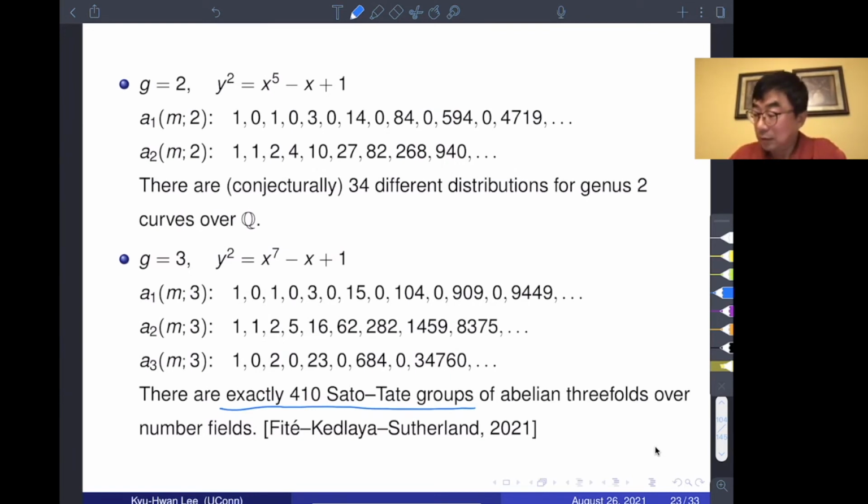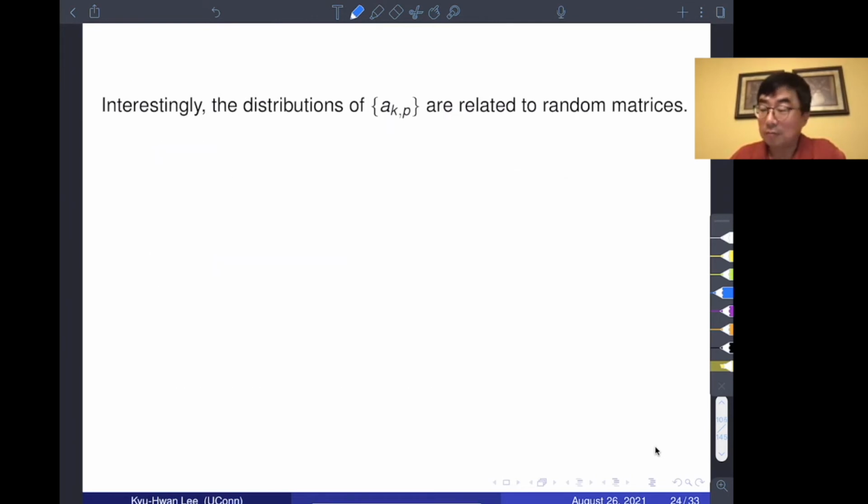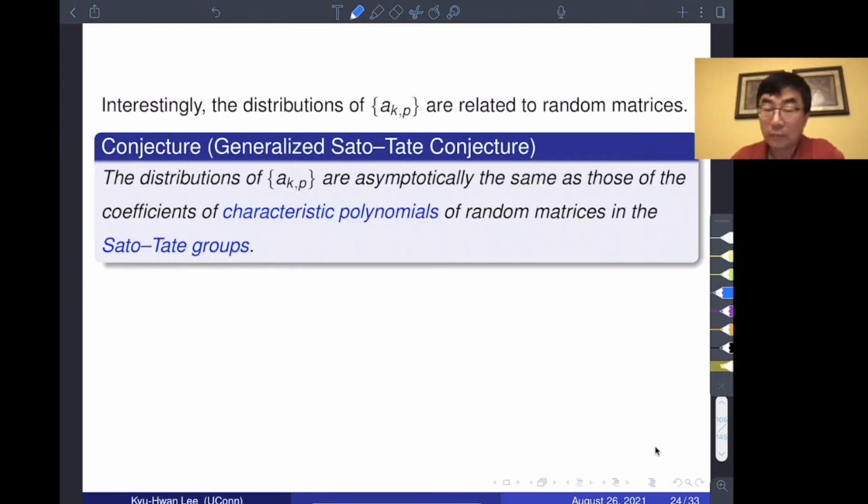Okay, any questions? Not yet. Interestingly, the distributions of these coefficients from the L polynomials are related to random matrices. So we can generalize the Sato-Tate conjecture.